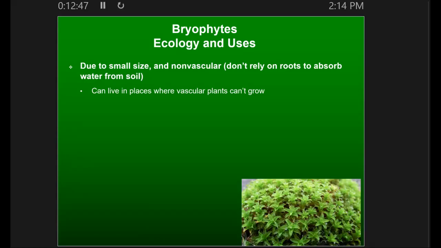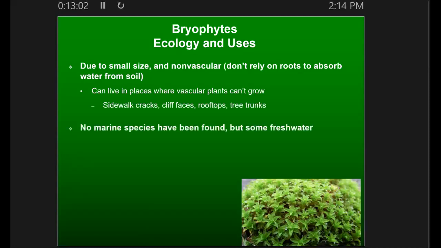So they can grow all over the place, where vascular plants that have roots can't do it. And so whether it's, you think about rooftops, I have moss on my shingles right now that I need to deal with. Just all kinds of areas that you can think of where you can find them, and vascular plants would not be able to manage to grow in those environments.